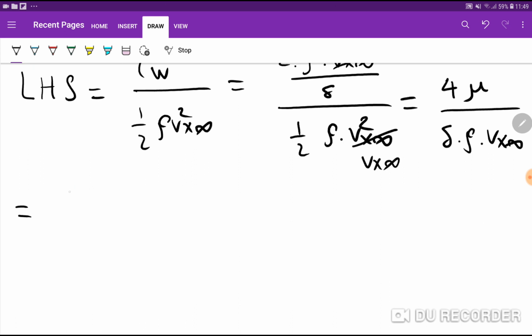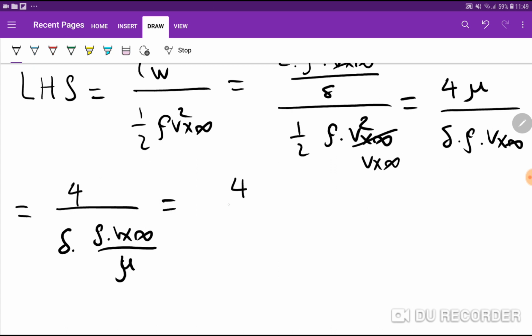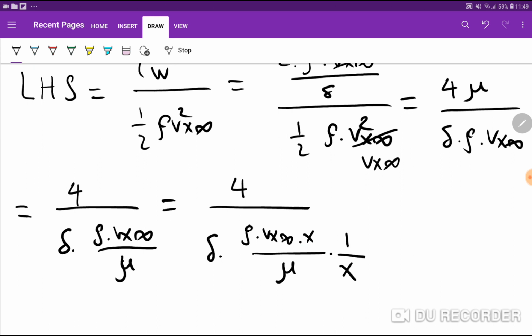So this continues to equal 4 over delta times rho times vx infinity over mu. Now I'll try my best to make the Reynolds number appear. So this equals 4 over delta times rho times vx infinity times x over mu, divided by x. If you multiply by x, you have to return it by dividing by x. So I make a note right here.